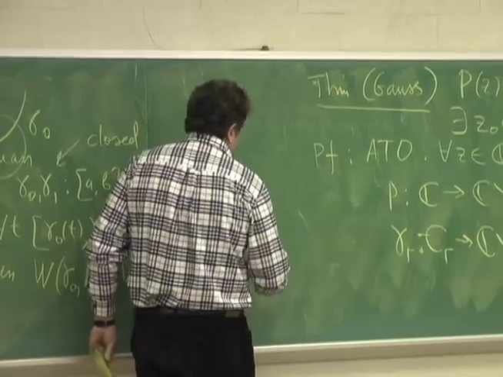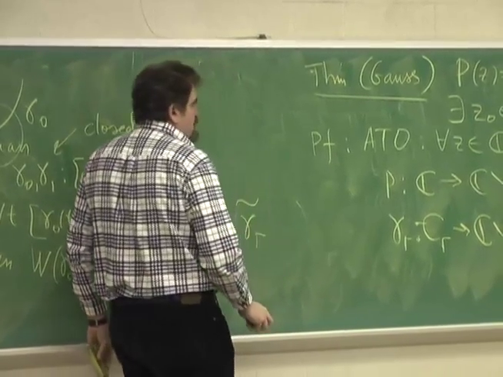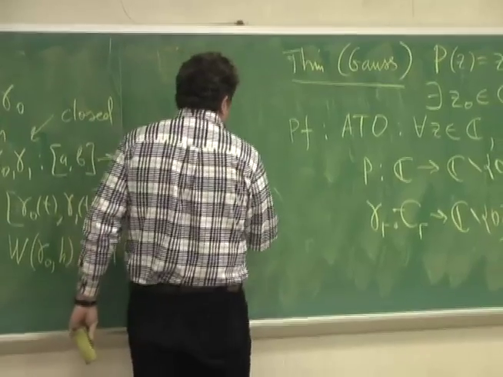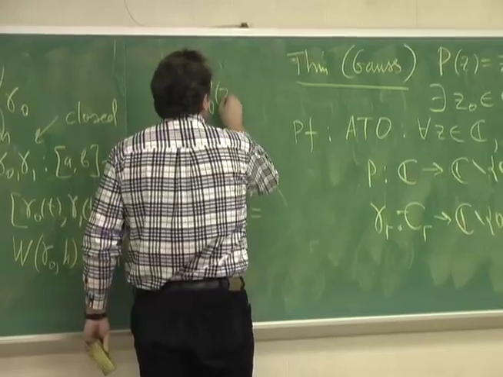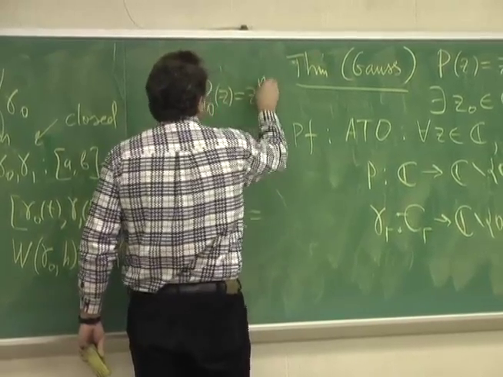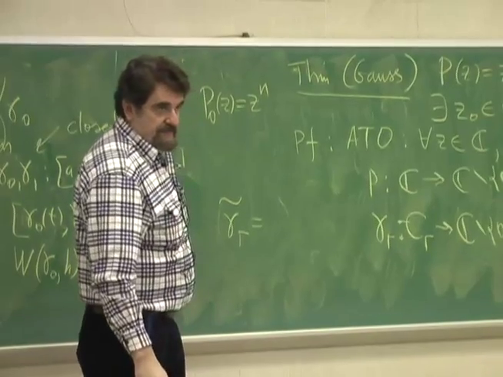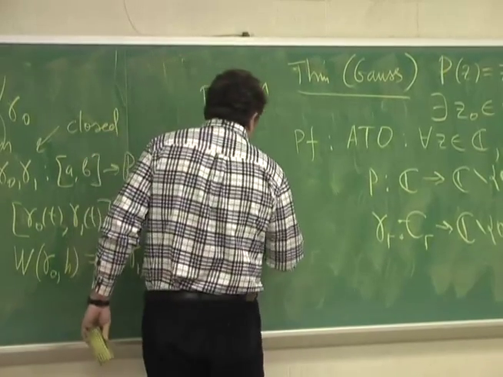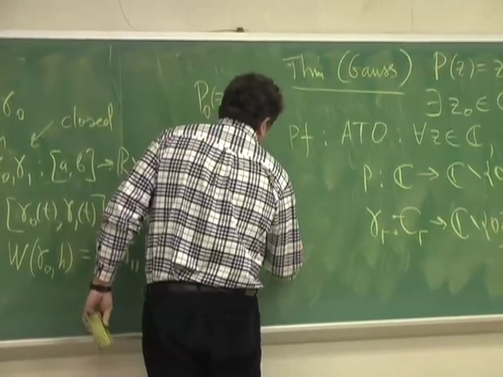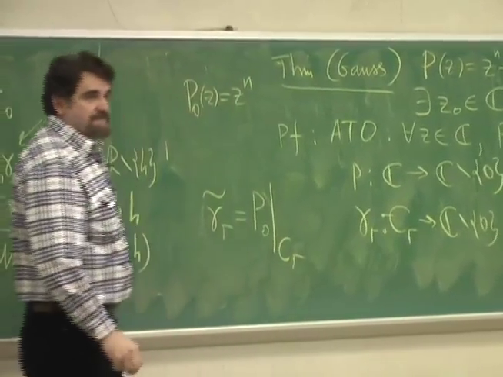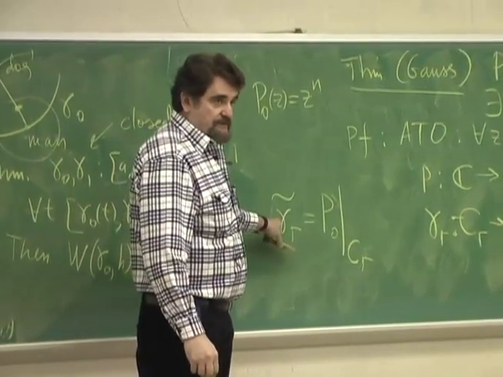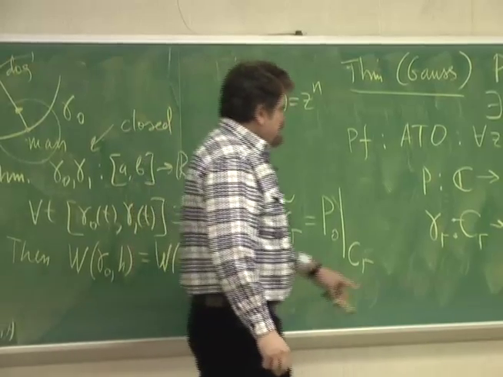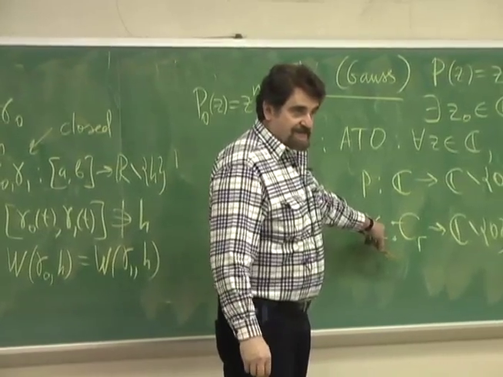Gamma r will be the same as its restriction of, let p naught of z be z to the n. Let it be p naught on C R. This is going to be my dog. And this is going to be myself.